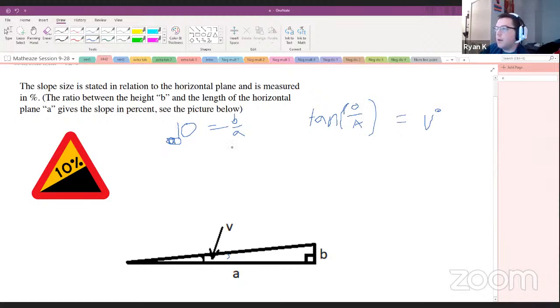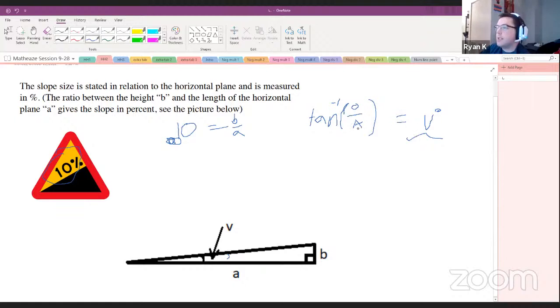The only tricky part here is that they gave you this 10%. So that's where I was thinking, well, I guess you could solve V in terms of degrees. So, I'm sorry, this should be an inverse tangent. So tangent of the angle is equal to your opposite over your adjacent.